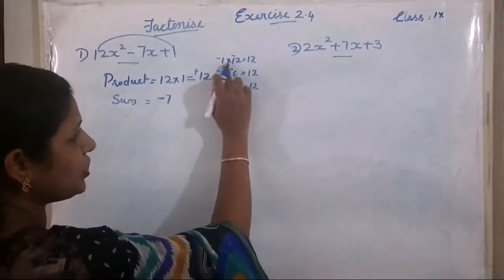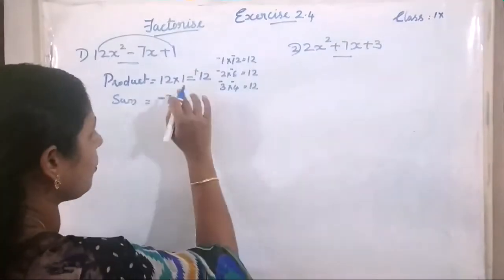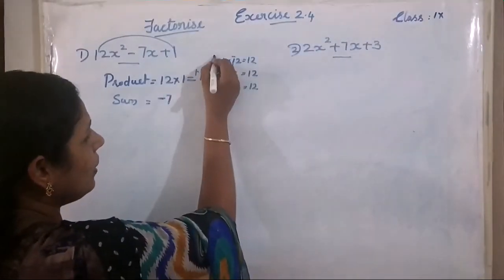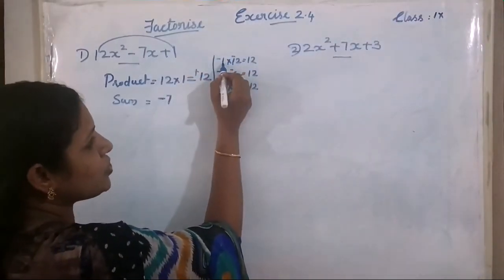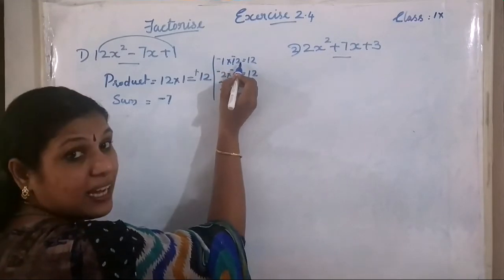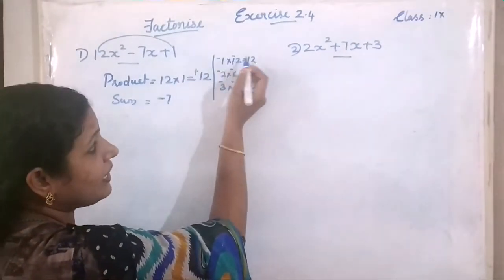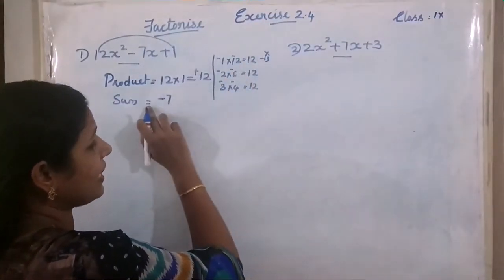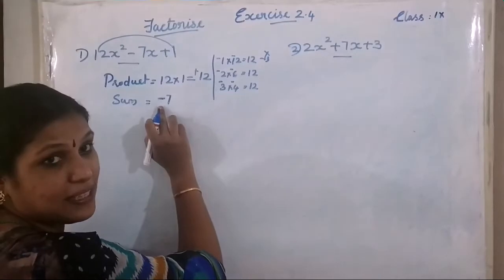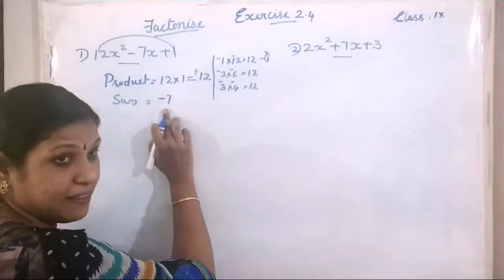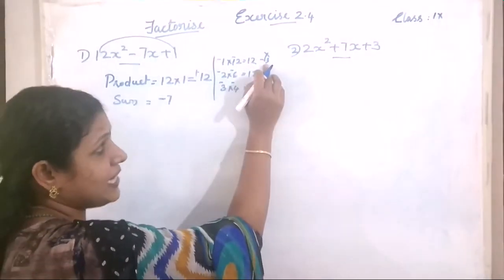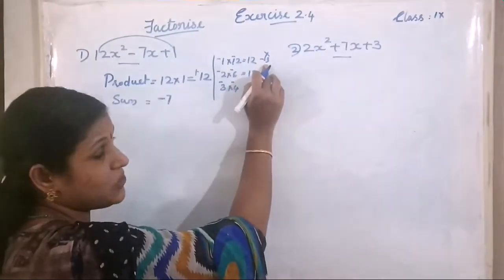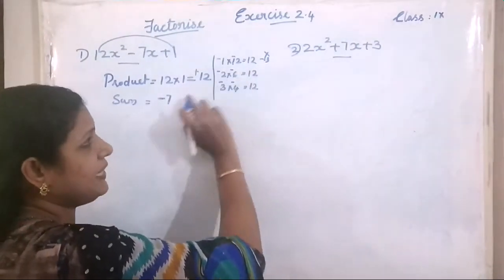Then 1 into 12 is 12, we get the product 12. Now 12 plus 1 is 13, so we get minus 13. So it's not possible in this case. We need the sum to be minus 7, but here we get minus 13, so this is not possible.